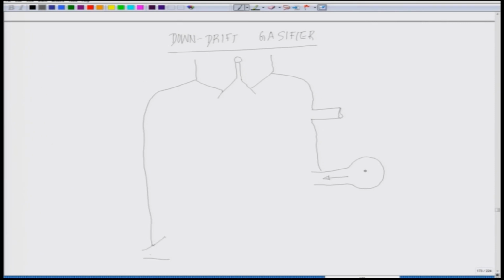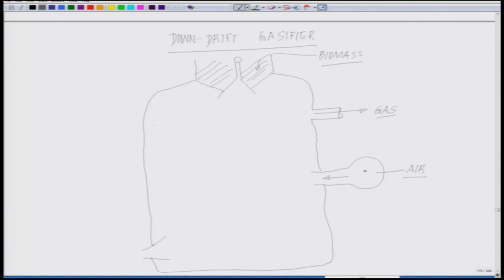Now, this zone, if you remember, is where you are introducing the biomass. This is the biomass introduction zone, and from here the gas is escaping out. And this is the port through which air is being pumped into it in order to promote the combustion process, pyrolysis and all other processes.